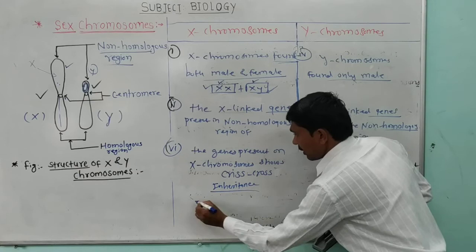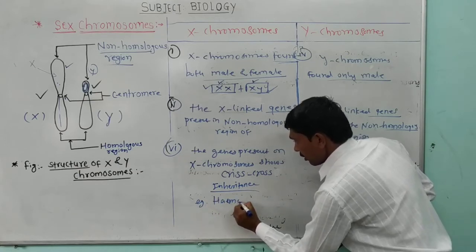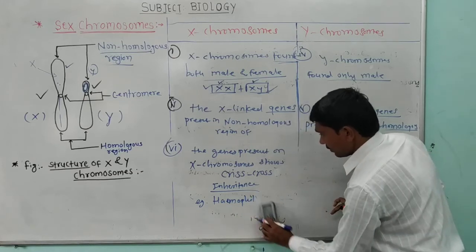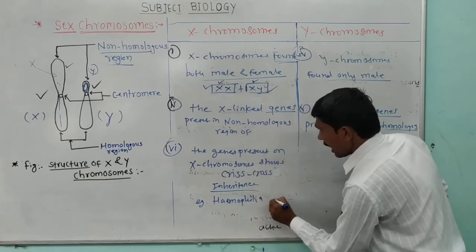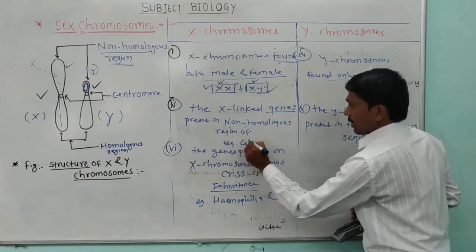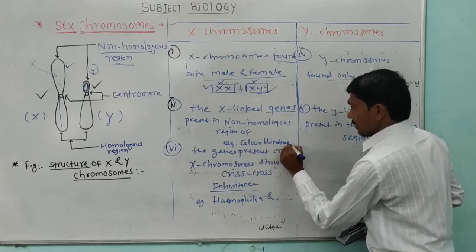Examples are hemophilia and color blindness.